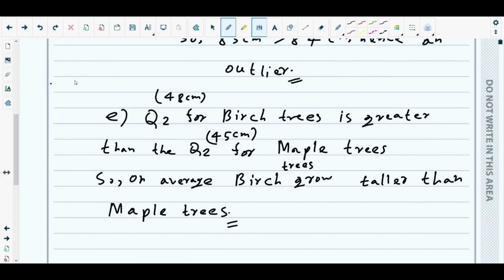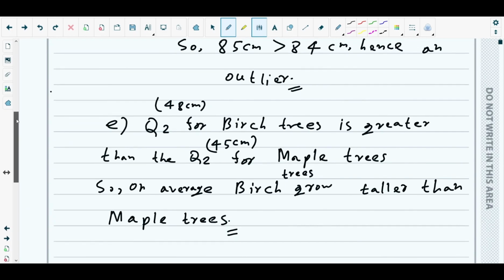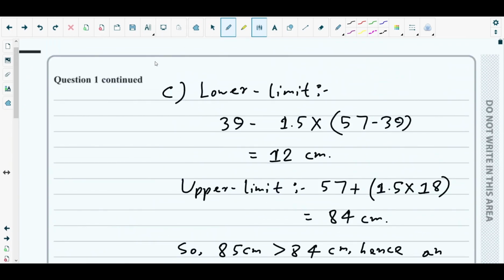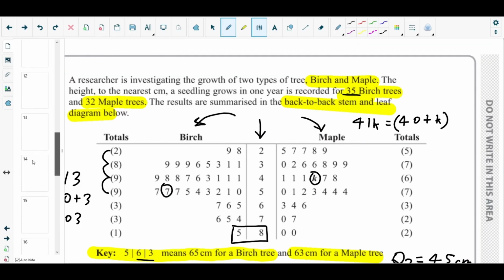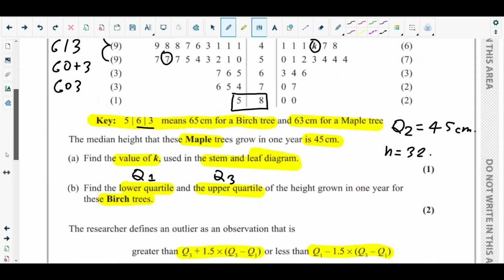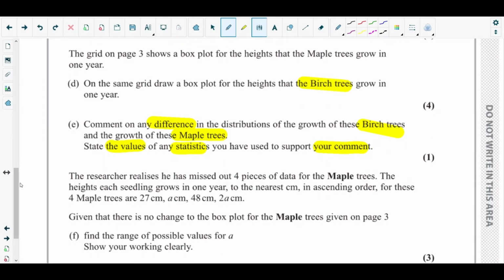Okay, so next we need to consider part F, the last part of this question. For part F, they are saying the researcher realizes that he missed out 4 pieces of data for the maple trees.